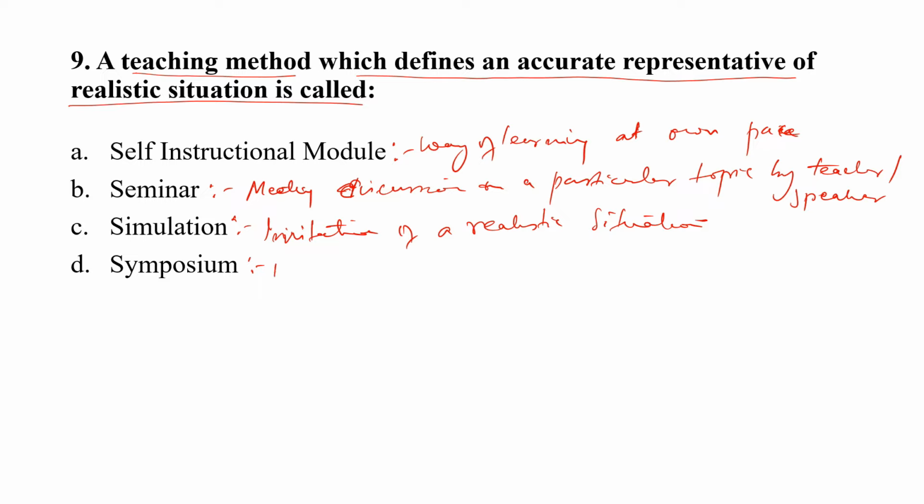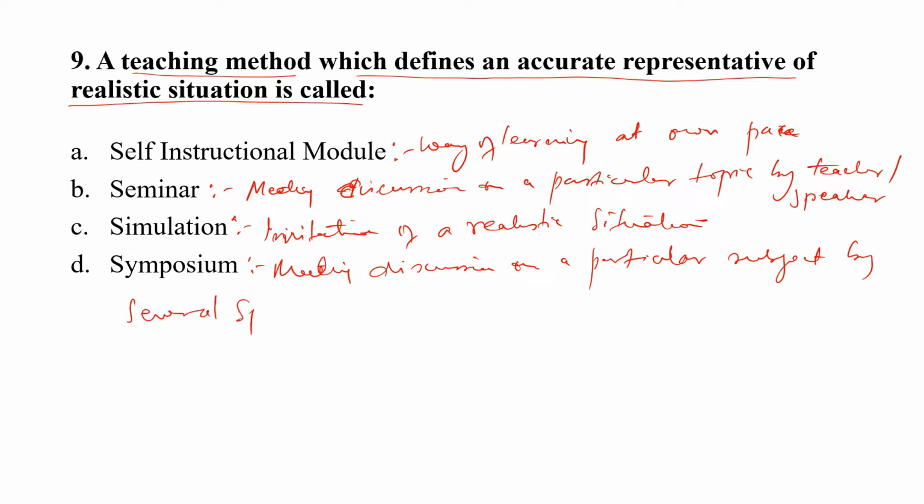Symposium is a type of meeting for discussion on a particular subject by several speakers and is done before the audience. The correct option here is option C, simulation.